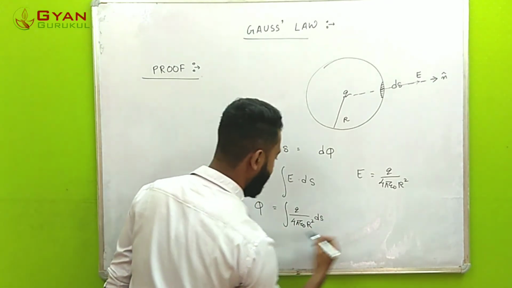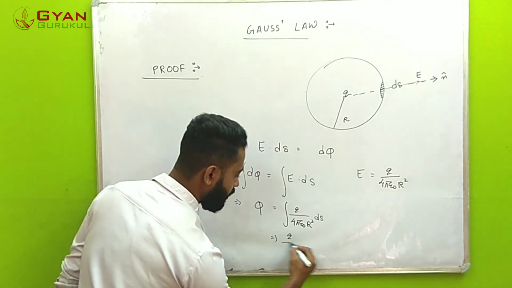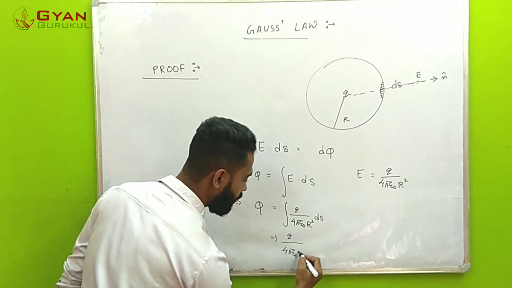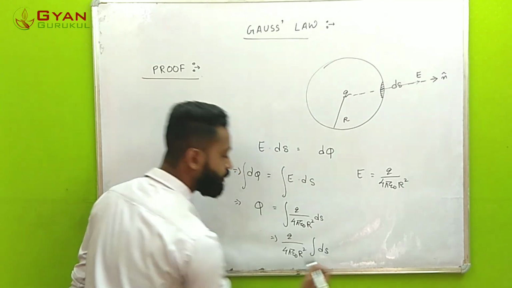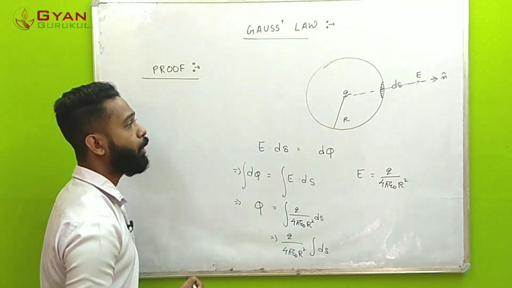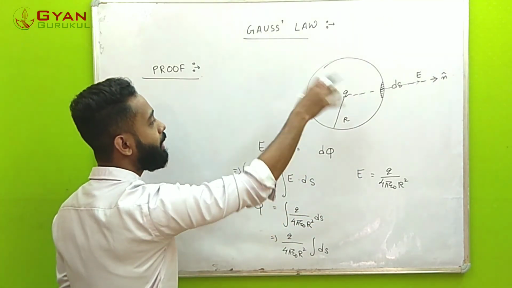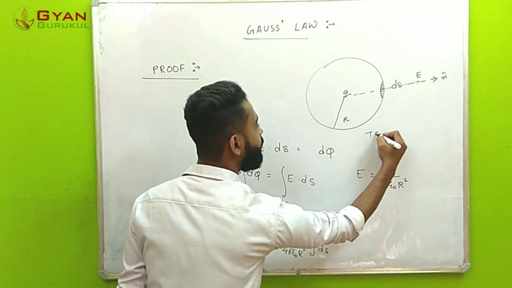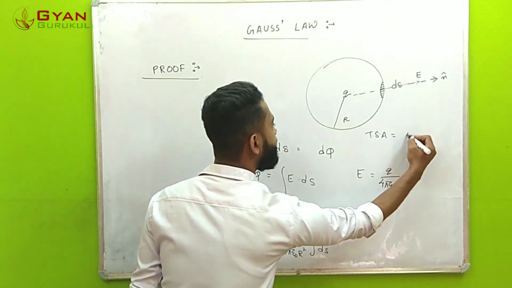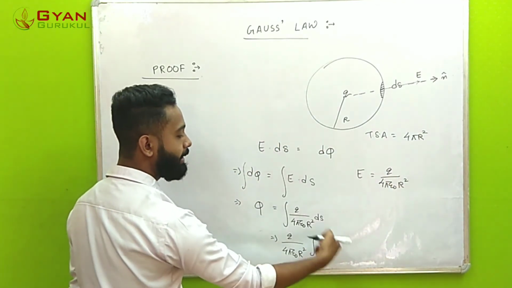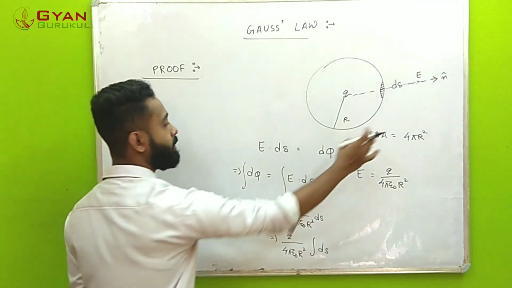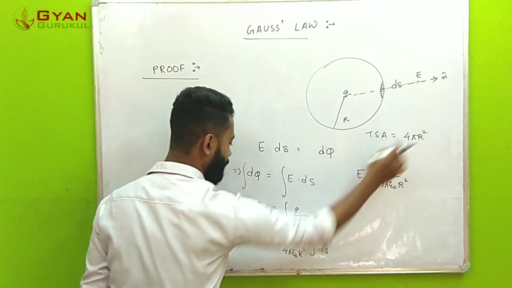So I can take the constants out. q by 4 pi epsilon naught r squared would come out. This would only be integration over the surface ds. Now we all know the total surface area for a sphere is given by 4 pi r squared. So the integration of ds will give me the total surface area, which will turn out to be 4 pi r squared.